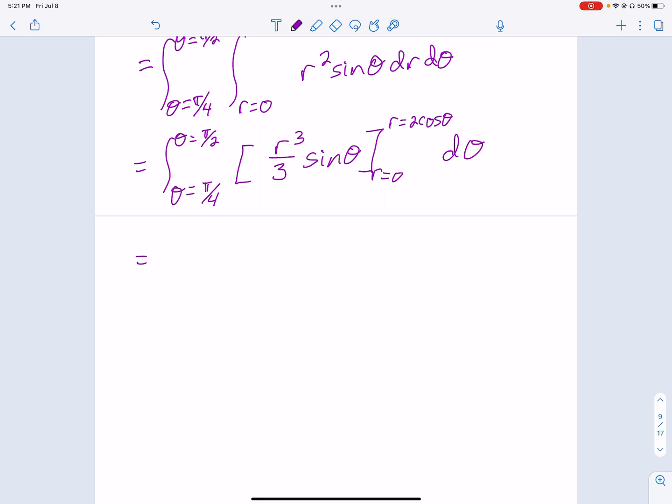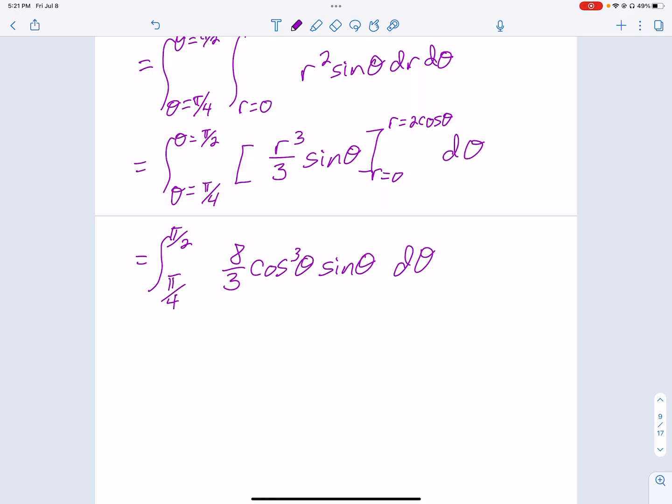All right, so I'm going to drop my labels because I'm not going to have any r's anymore. Okay, plugging that in. We plug in 2, that's going to be an 8 over 3 cosine cubed theta sine theta, minus, if r is 0, it's gone.